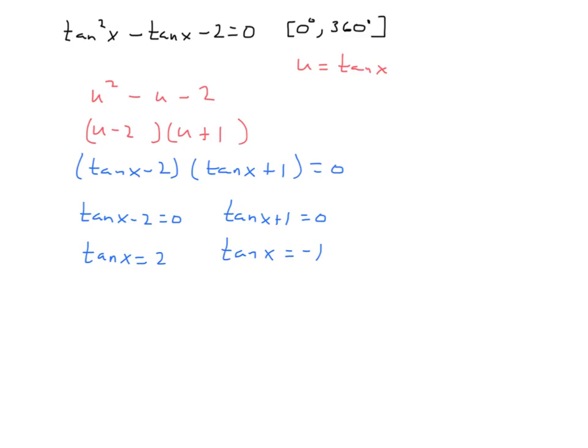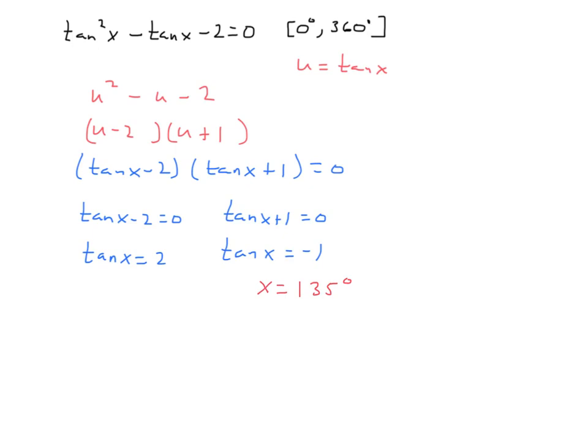I know one of those solutions happens when x equals 135 degrees. That's in quadrant 2. To identify the next one, I can either look at the unit circle, or remember that I can just add the period.